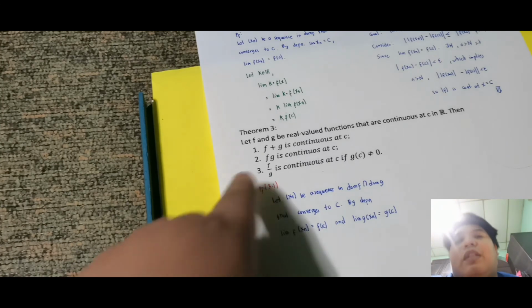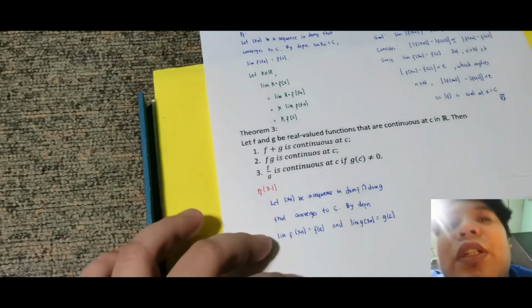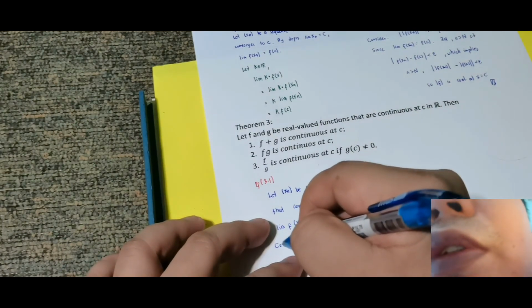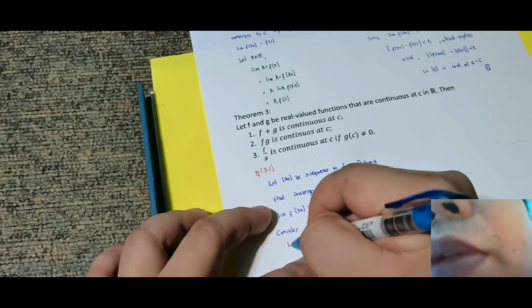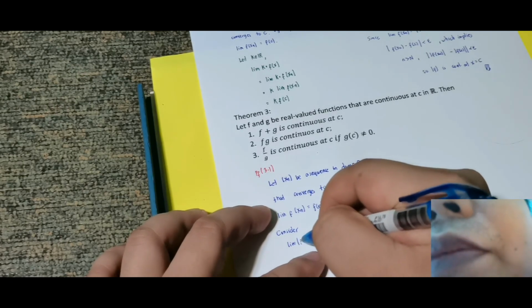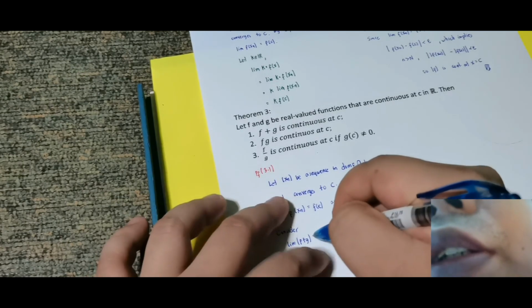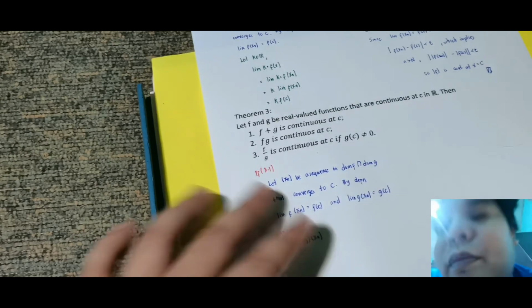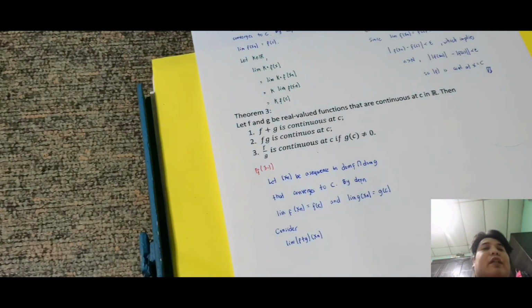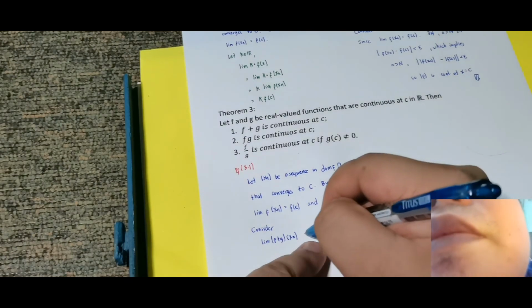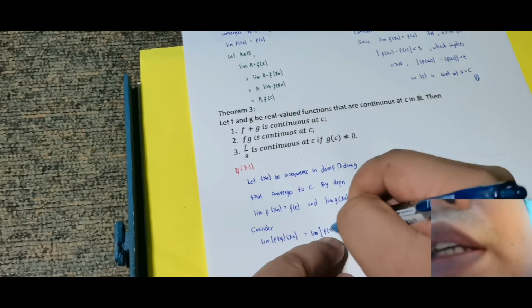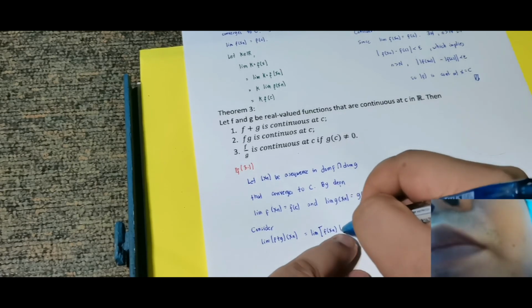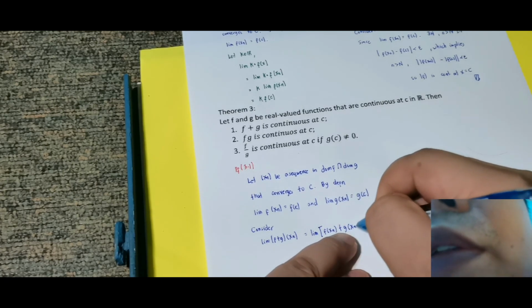Okay, so para ma-show natin na continuous yung f plus g, kailangan natin consider si limit of f plus g of x sub n. Okay, so ano mangyari dyan? This is equivalent sa limit ng f of x sub n plus g of x sub n.